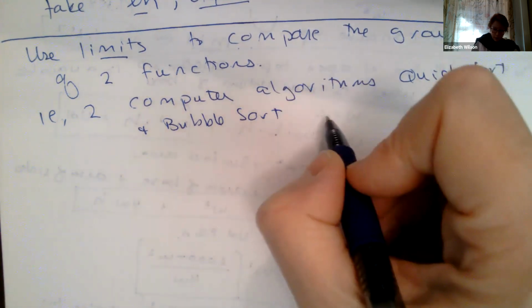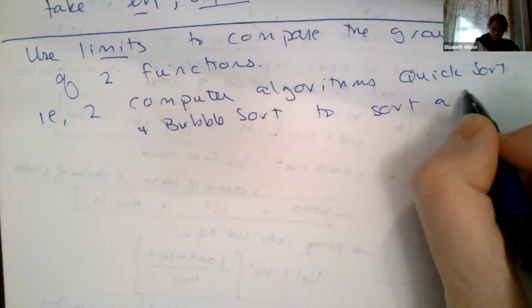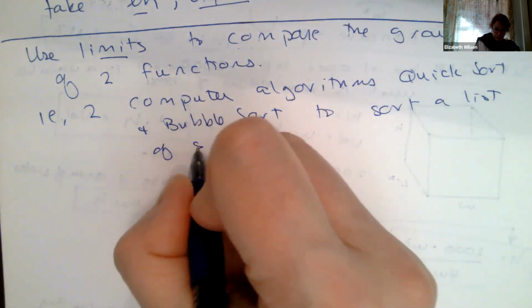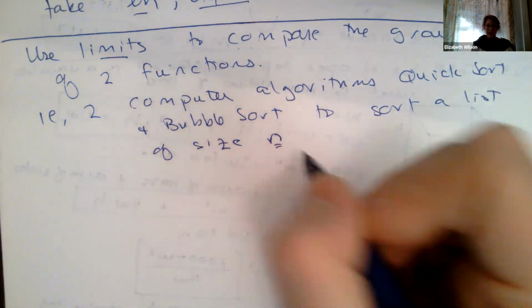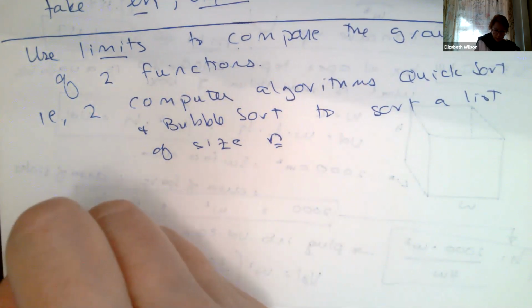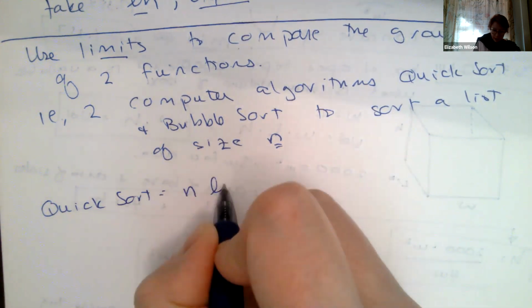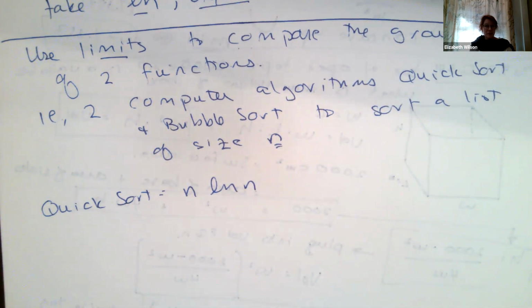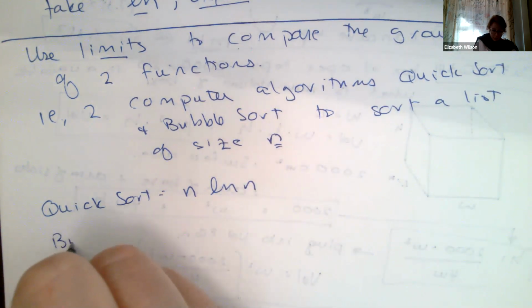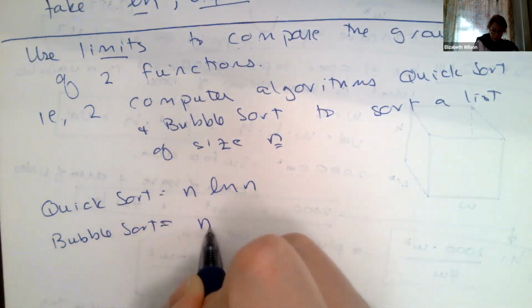To sort a list of size n, where n can actually be really big, quick sort they figured out was n ln of n. That's how long it takes to actually process a list that has n quantities in it. Bubble sort goes at a speed of n squared.